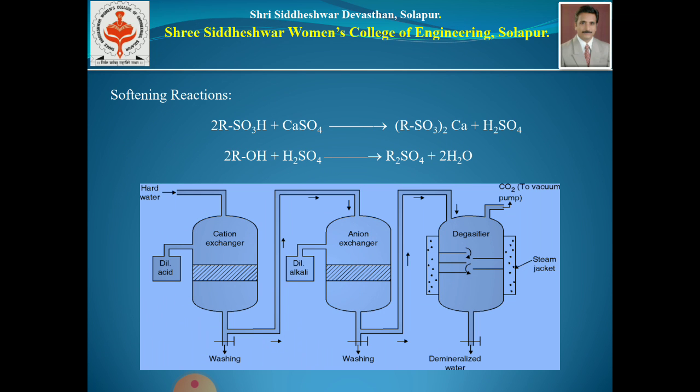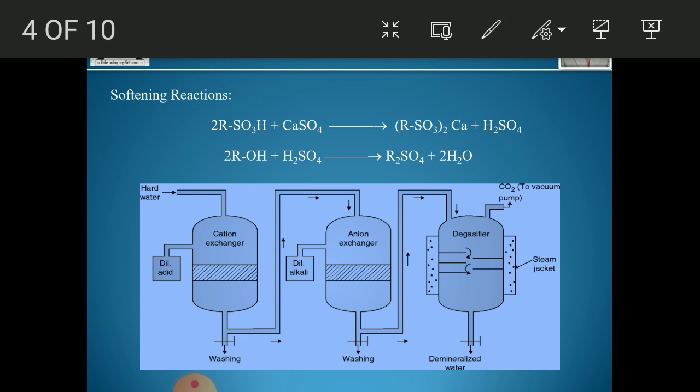So the plant of this ion exchange process contains mainly two chambers. One is the cation exchange resin containing chamber, which can be named as a cation exchanger, and another is the anion exchanger. At the center, this resin is filled.